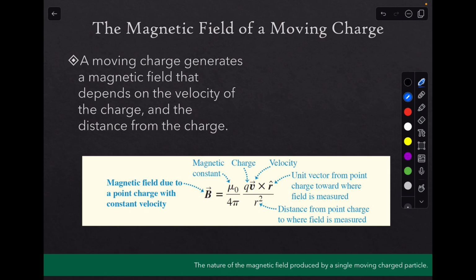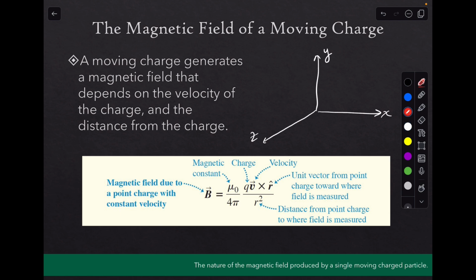So imagine we have a charge. Let's go ahead and put an XYZ axis over here. Let's make the Y up here and then the Z over here. So let's say we have a charged particle.